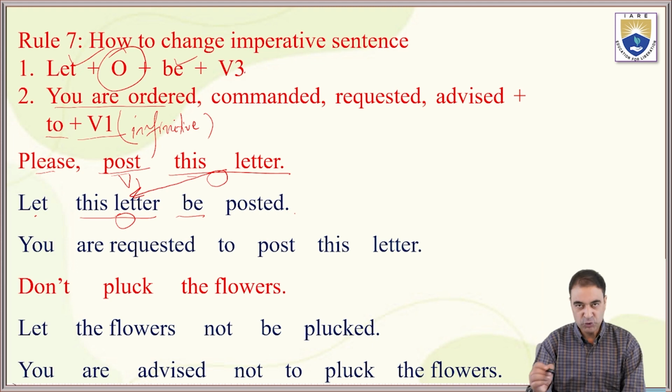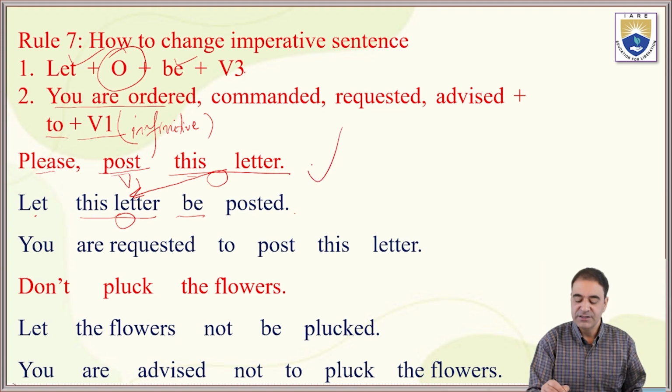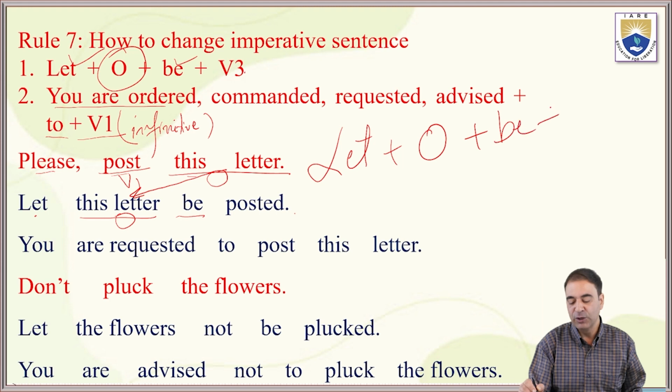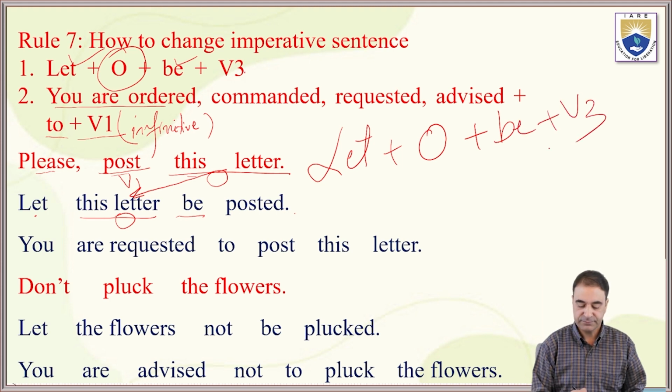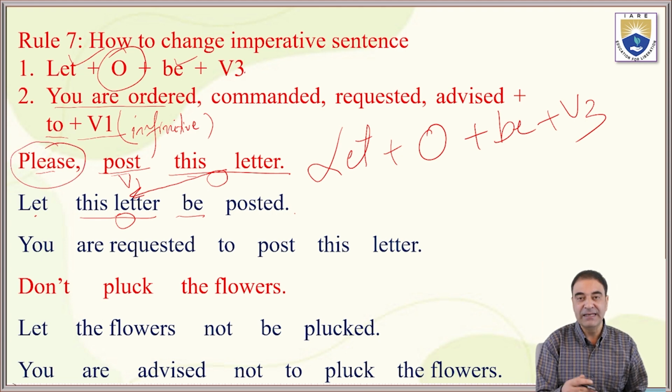Remember, there are two ways we can change imperative sentences. The first one is just introduce let plus object plus be plus verb in third form. And now look at the second way. Here the word please suggests to us that it's a request.